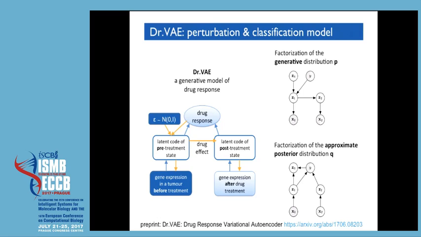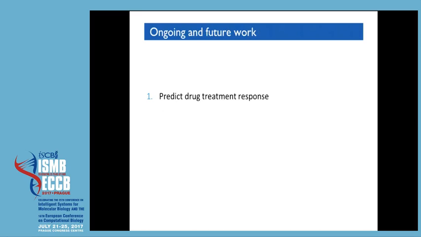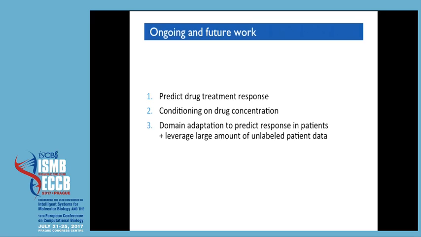And that's something that we posted on arXiv recently. And in future, we want to extend this model and work in this framework to do better in prediction of treatment response. We can add and model dependency on the concentration of the drug.